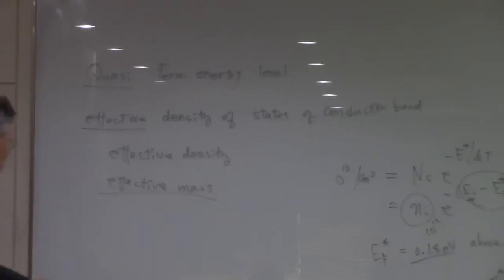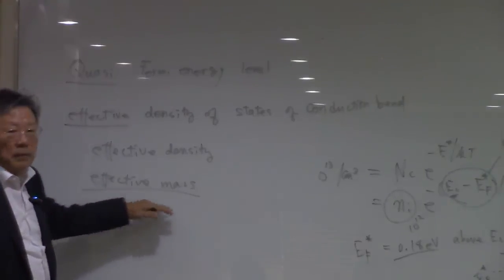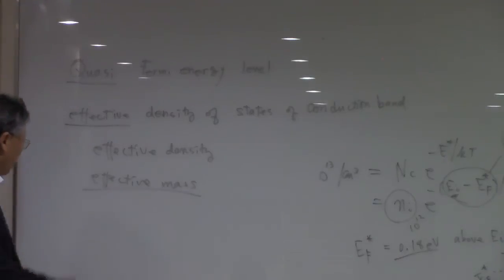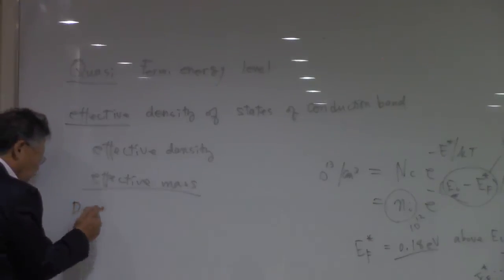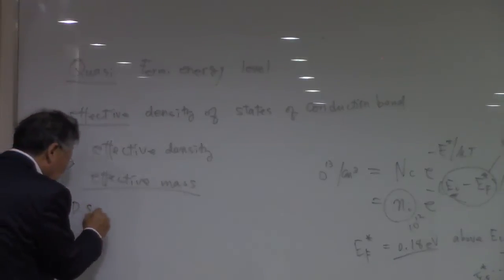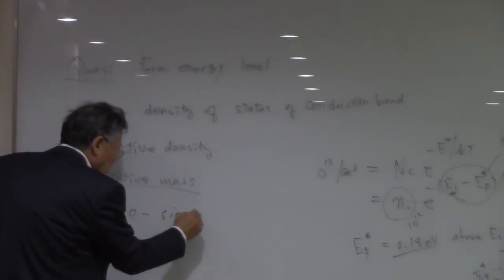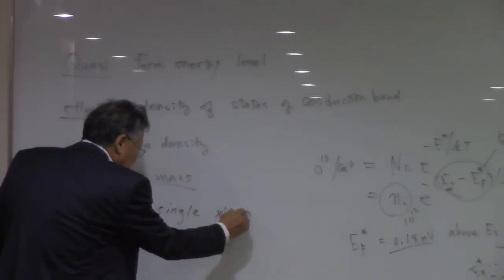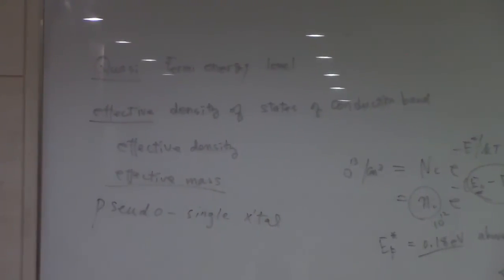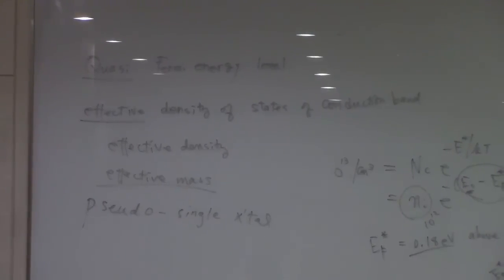So you cannot measure the mass, but you may hear effective mass. So what is quasi-effective, and another term, pseudo? Pseudo single crystal, for example. Not single crystal, but almost the same as a single crystal. That is a pseudo single crystal.